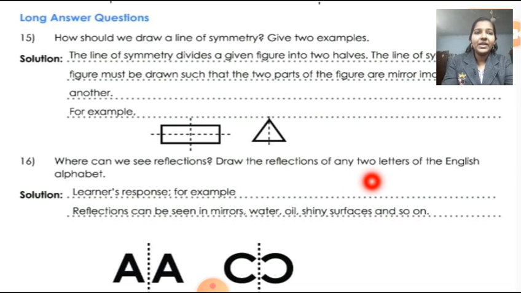That you can write here, and you can give some examples by using English alphabets, that is A and C given here. Children, you can do this. If you want to draw B, then you can draw B also. Any letter you can take and draw the reflection of that. Here it is not the symmetry, you have to draw the reflection.